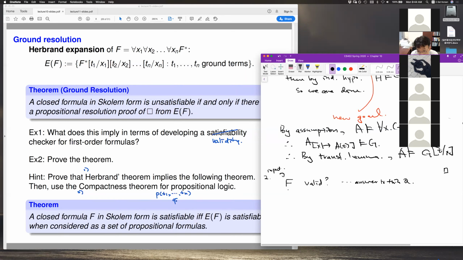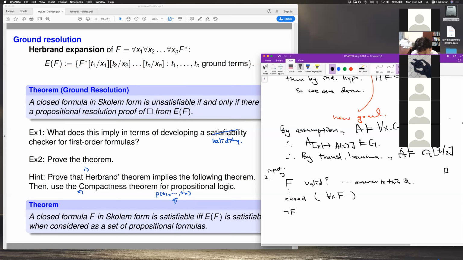And then we can assume that this formula f is closed. Why is that? Because the validity of f is the same as the validity of f with any free variable x universally quantified, so validity doesn't really change. So we can assume that formula f is closed. Now what we're going to do is the following: we negate f.